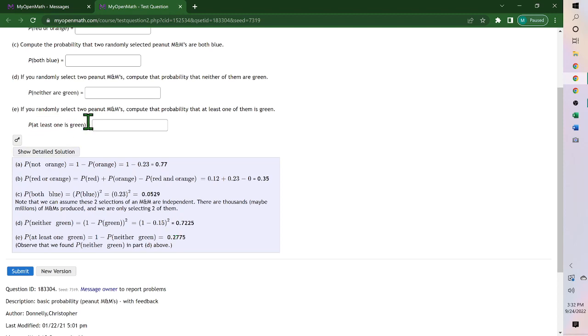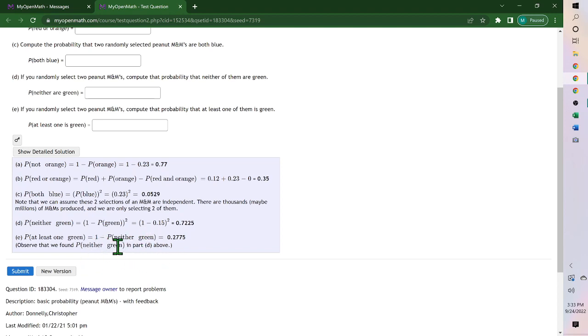The probability at least one is green. Well, at least one means the first one, the second one, or both. So neither would be the only case that's not in there. And that's why you can take 1 minus the probability neither is green, because that would be its complement.